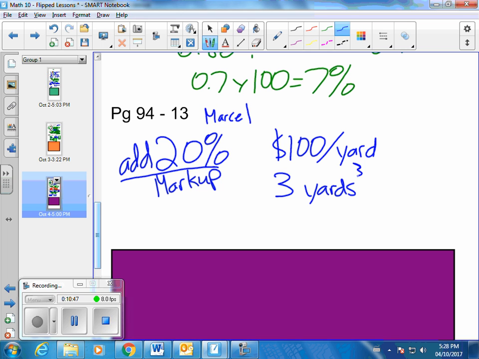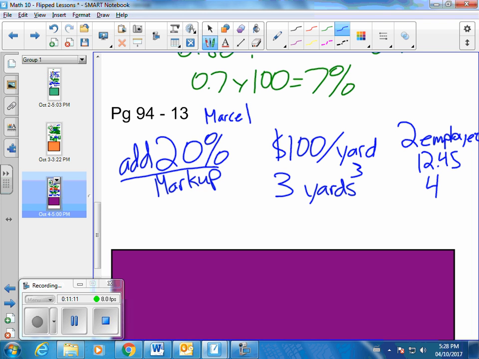Don't worry, don't overthink the question. 3 cubic yards is just 3 yards. That's just how they measure it in volume. He's also going to be paying 2 employees, and he's going to be paying them $12.45 an hour for 4 hours.